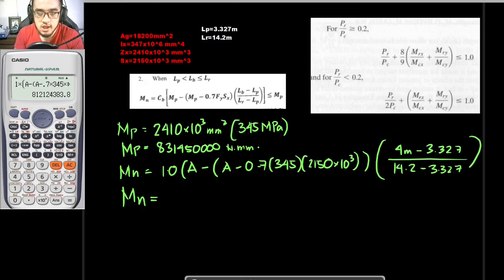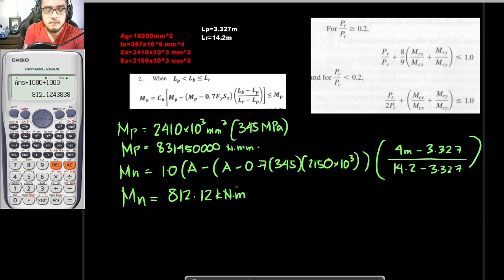812.12, etc. And if I would be dividing this by 1 million, so divided by 1,000 divided by 1,000. So, this is its equivalent in kilonewton meters. Nasunod ba dun guys sa pag-convert ko? Or kailan ko pa explain? Gets mo, sir.